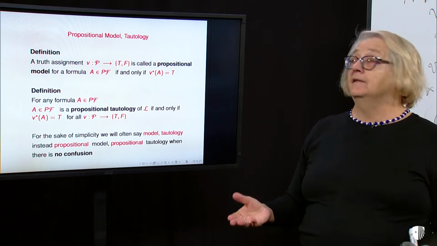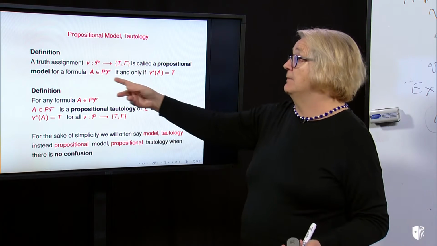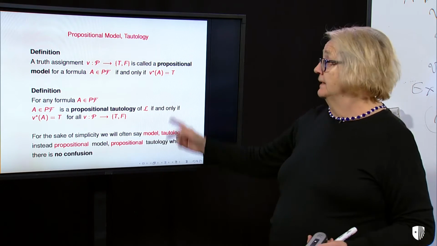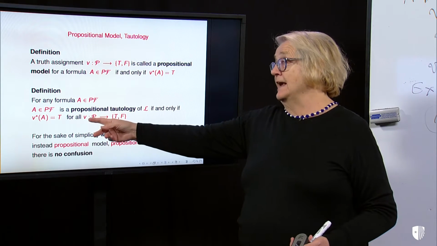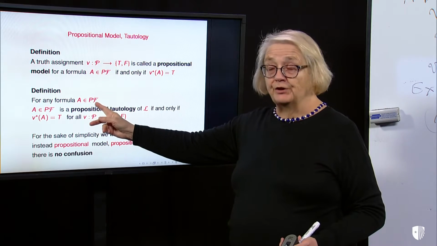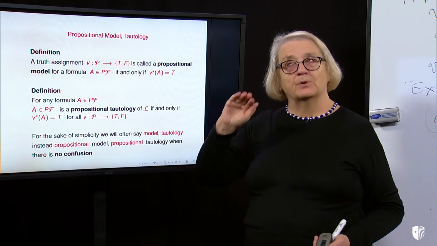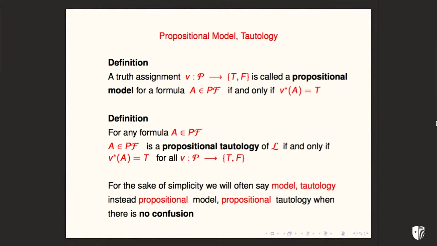And we repeat the same definition: the truth assignment is a model if it evaluates a formula into T. And we say that a formula A, a propositional formula in predicate logic, so remember PF is a propositional formula in predicate logic, is a tautology if and only if V star of A is T for all V that are models.